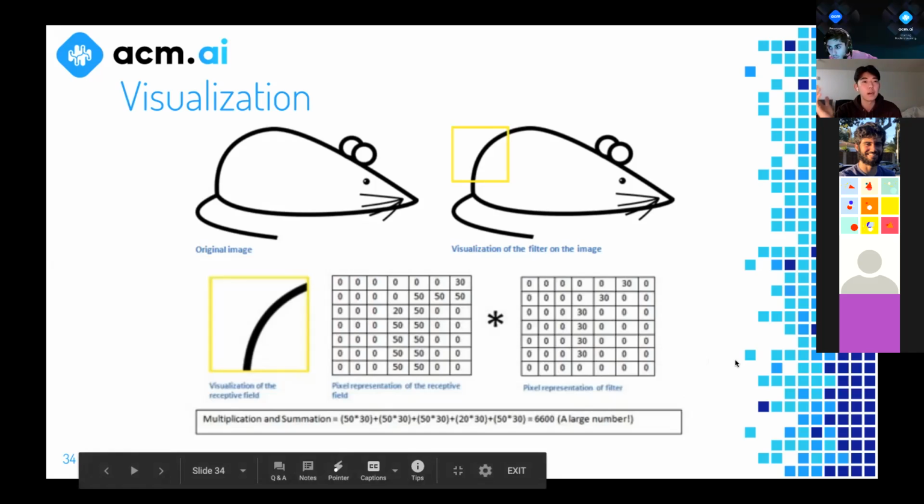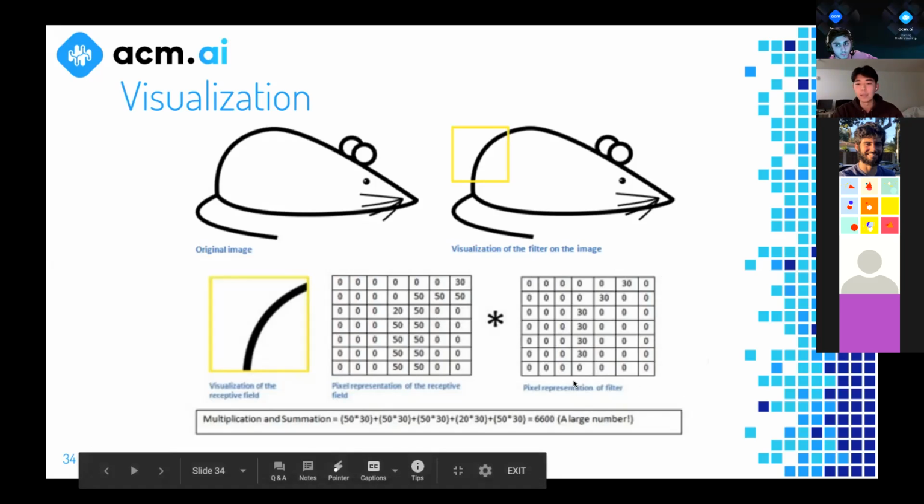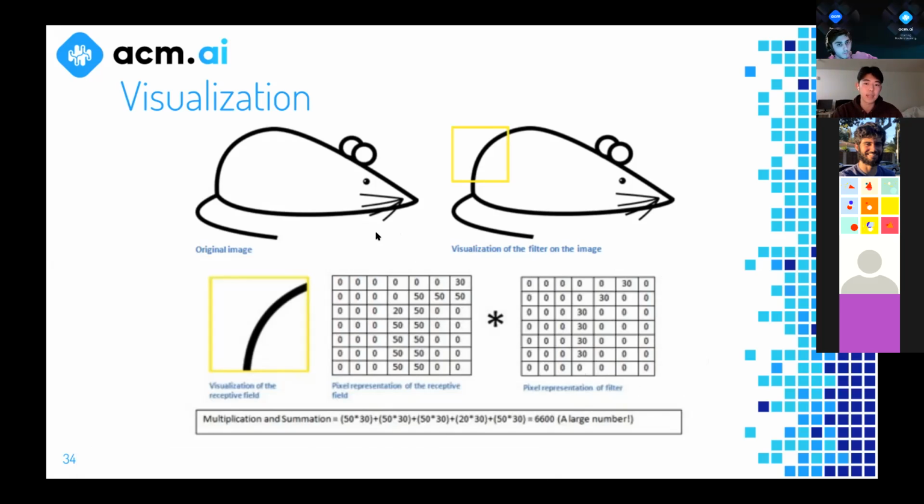The thought behind a convolutional layer is that we're going to have many of these filters, all corresponding to different aspects that we can try to capture from an image. An example would be a filter that's trying to detect ears in this specific example.